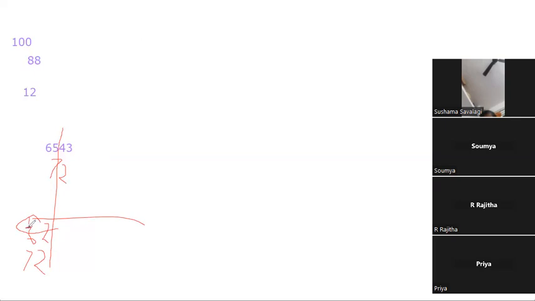There's a carry 1 also, and there is 2 also. So 1 will be multiplied first. So ones are 12. And then you have 2 also. So that makes 24. So this makes 27. 2 is carry. And then you have 14 and 6. That makes 20.